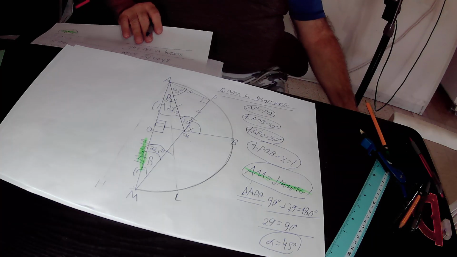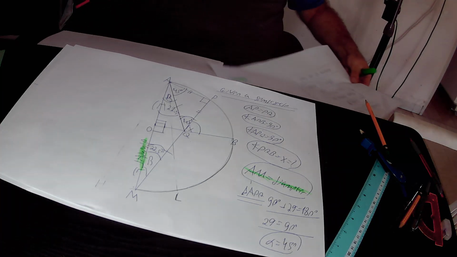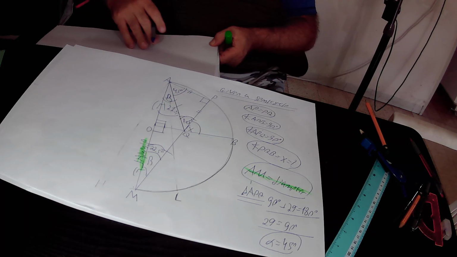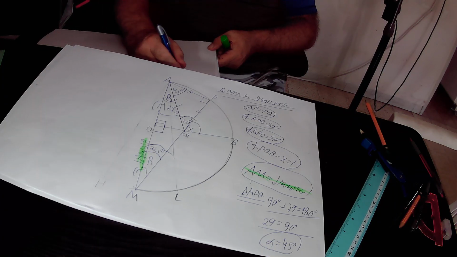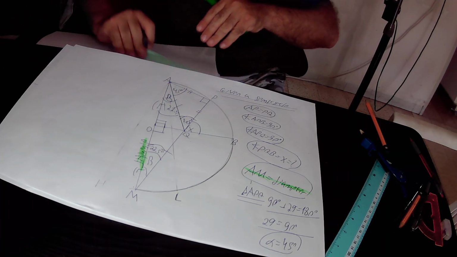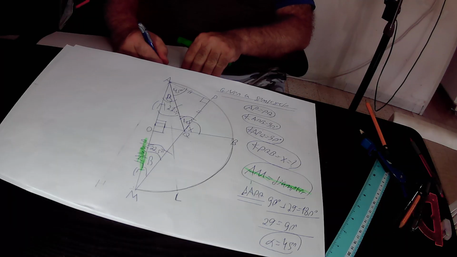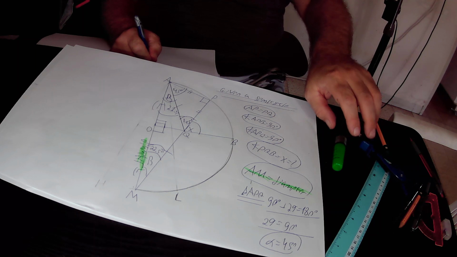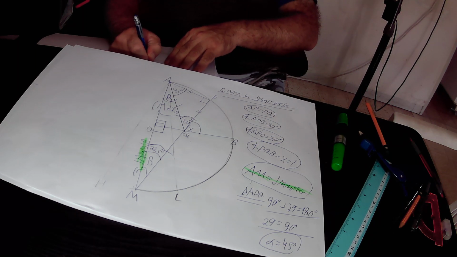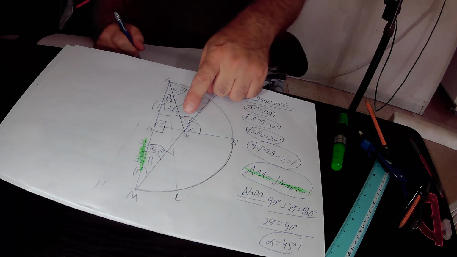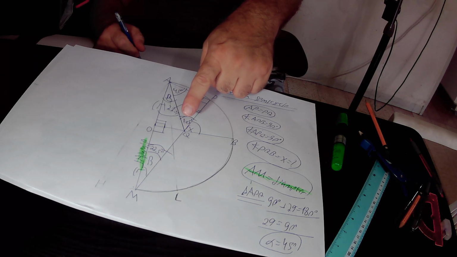So which angles do we have in the right lower triangle OQM? We have this angle, this is the right angle, plus this is angle beta that is equal to 22.5 degrees in its size, plus this missing angle OQM.